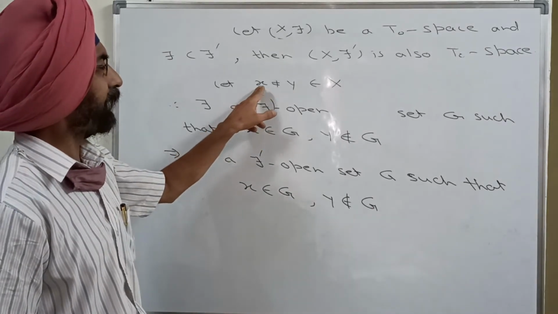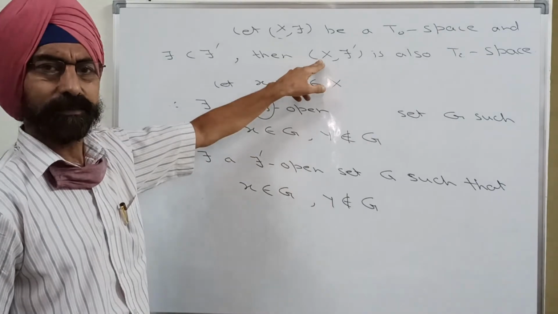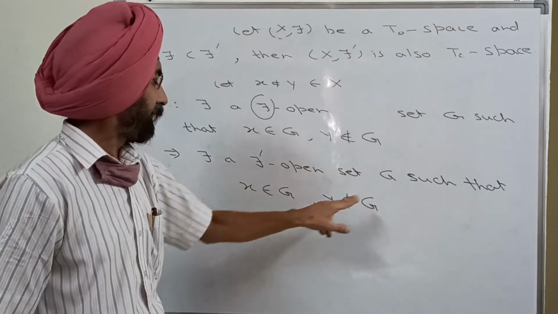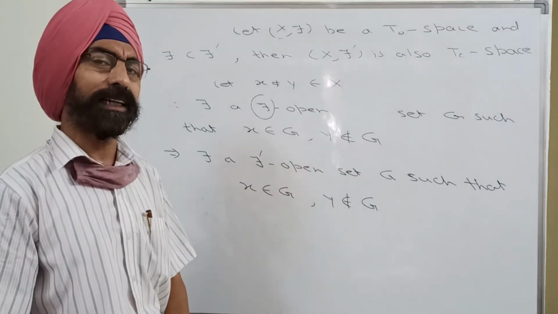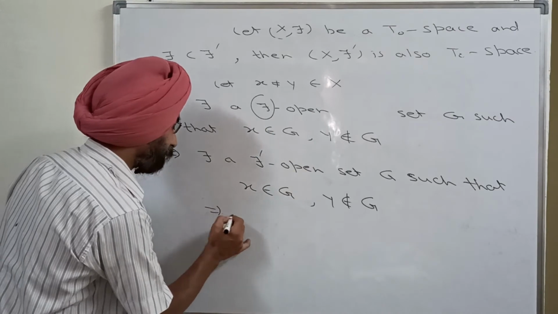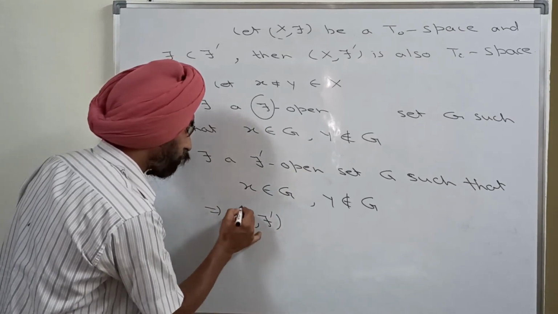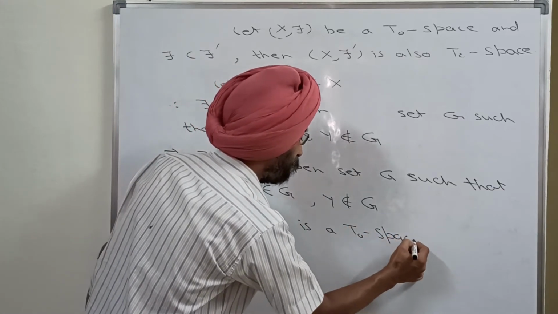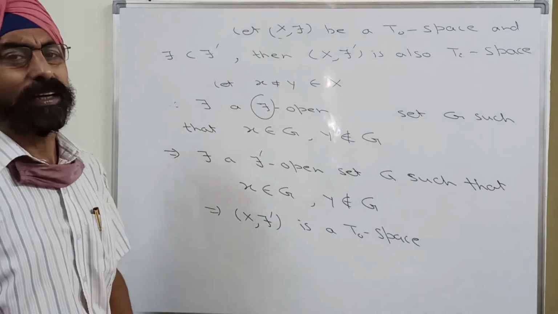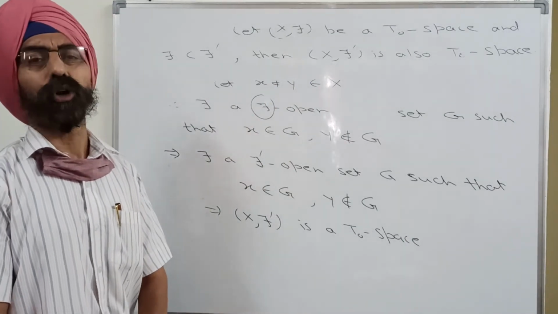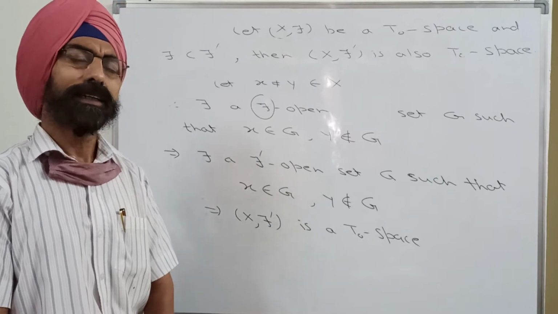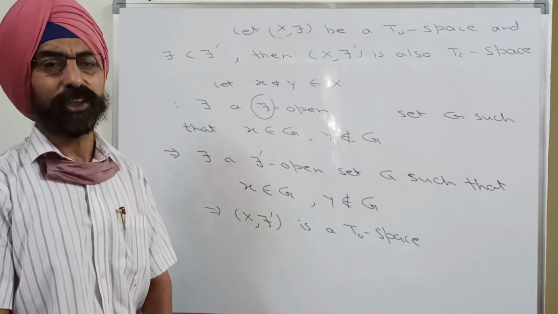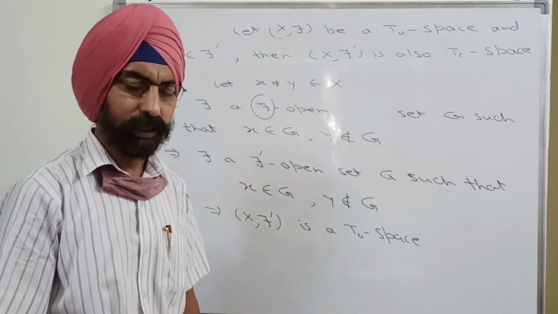We have taken two distinct elements x and y from the set X, and we have obtained a tau dash open set G containing one of them and not containing the other of them, which makes the topological space (X, tau dash) a T naught space. So that means if a topological space with topology tau is T naught, then the topological space (X, tau dash), where tau dash is finer than tau, is also a T naught space.